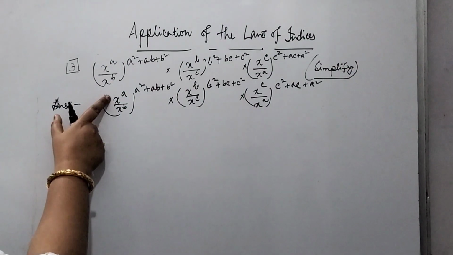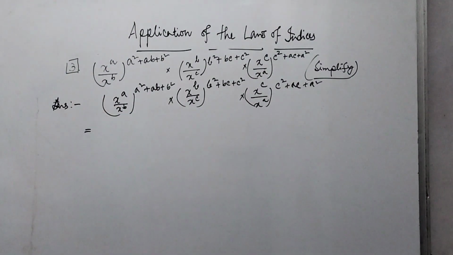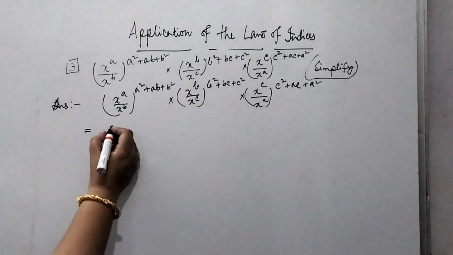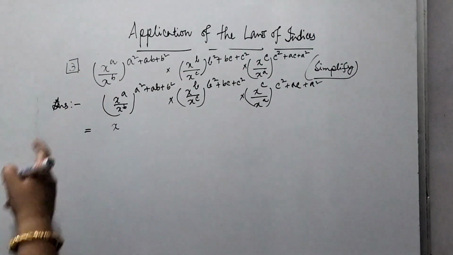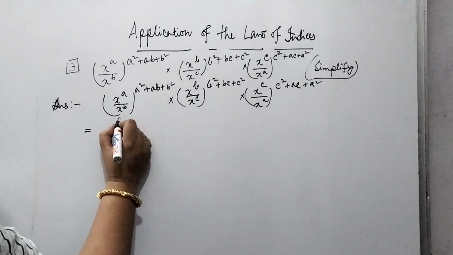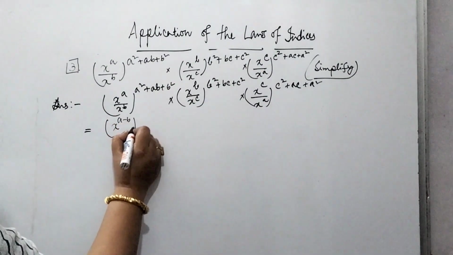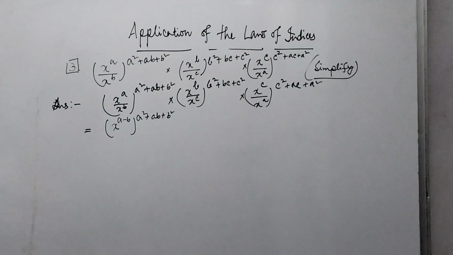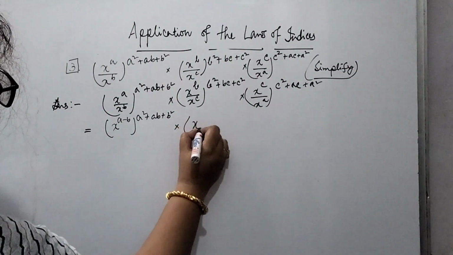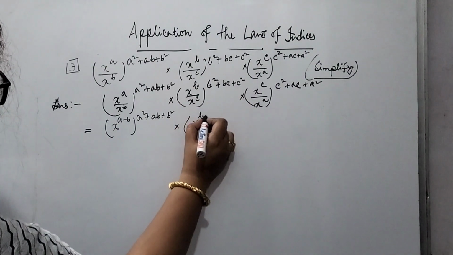Because in this case we get in numerator and denominator the same base, right? So here we can write x to the power a by x to the power b, meaning x to the power a division x to the power b, as x to the power a minus b. Now whole to the power a square plus ab plus b square will be kept as it is. The same thing will go for the second and third term also.